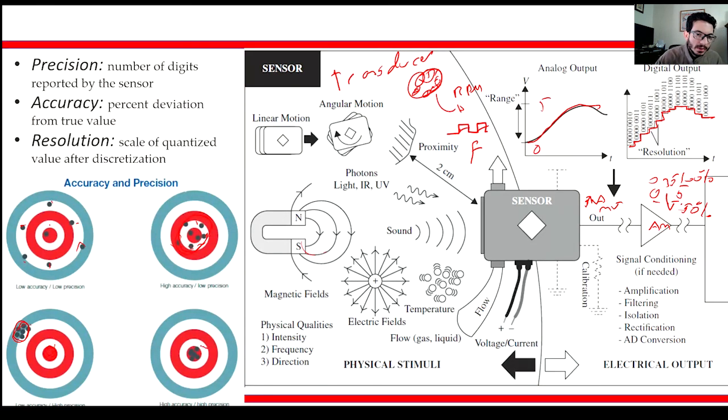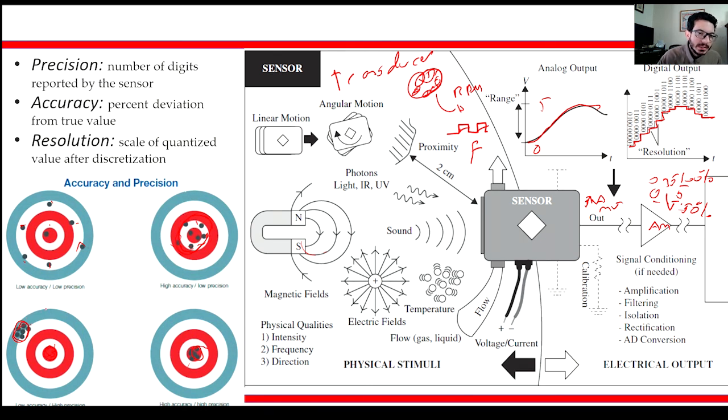Now, if you're right on the point that you know is true, because you're calibrated to that point, and all your points measured are on that same temperature point or same pressure point or whatever, you have high precision and high accuracy. So precision is the number of digits reported by the sensor, or the ability to keep measuring consistently.